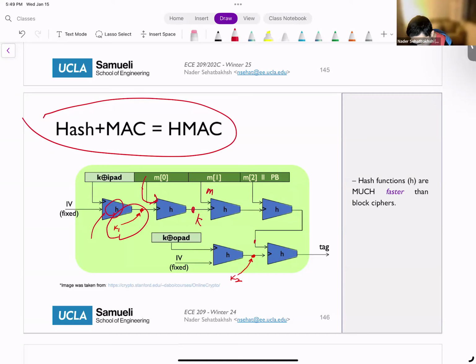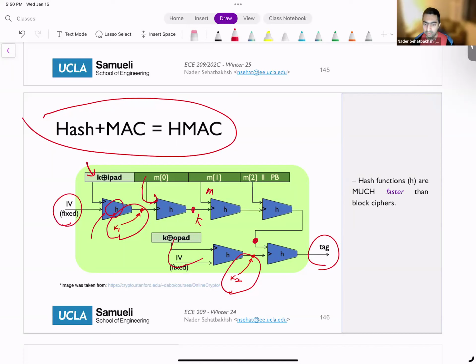And as you can see, remember I told you that the last round should be a different K. So we generate this different K this way and generate the final tag. So essentially, in order to create this, we're going to create a key. Remember, this is a MAC, so it's a keyed operation.